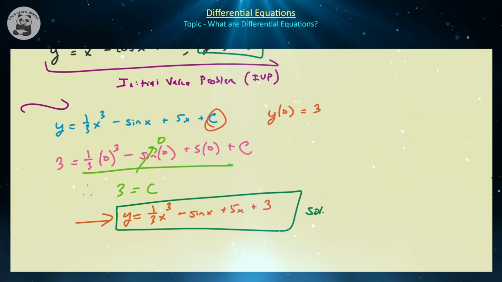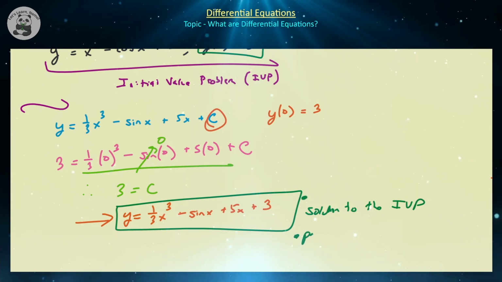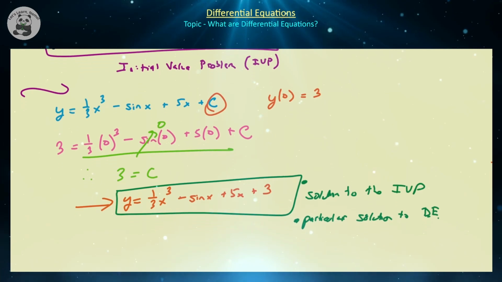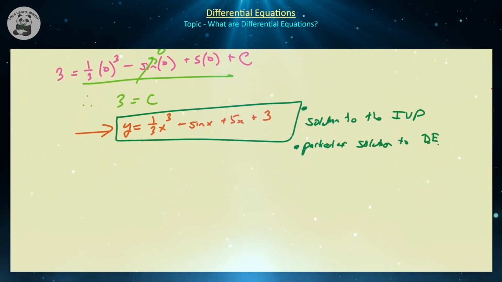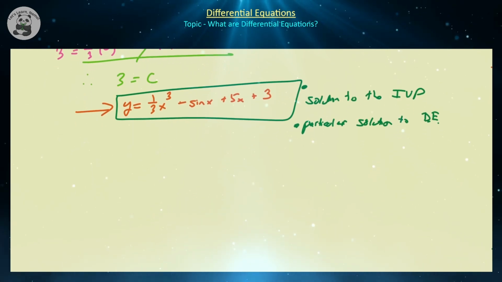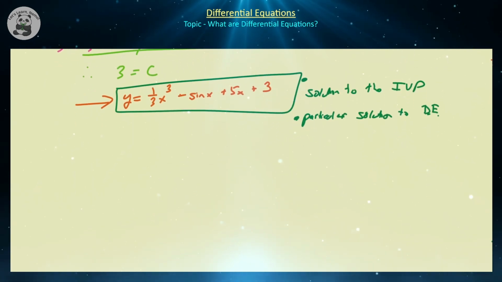This is the solution to the initial value problem, and it's also a particular solution to the general differential equation before I actually mandated a particular value that this relation passes through, right? So that's what a differential equation is, and at least a large class of differential equations that you can probably already solve, just as long as you know some basic integration methods.